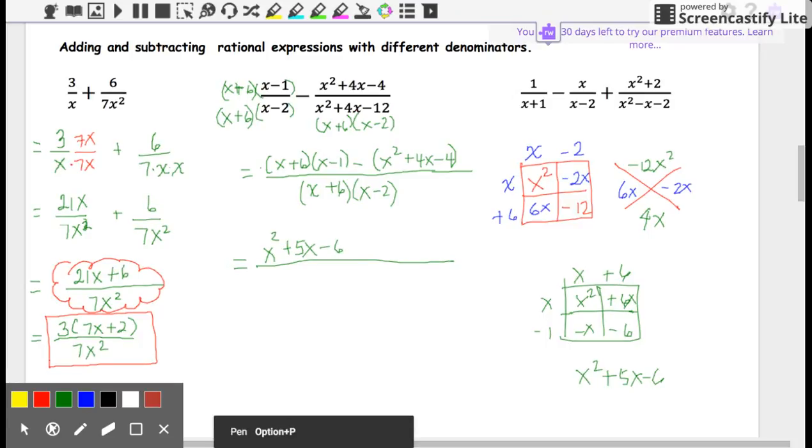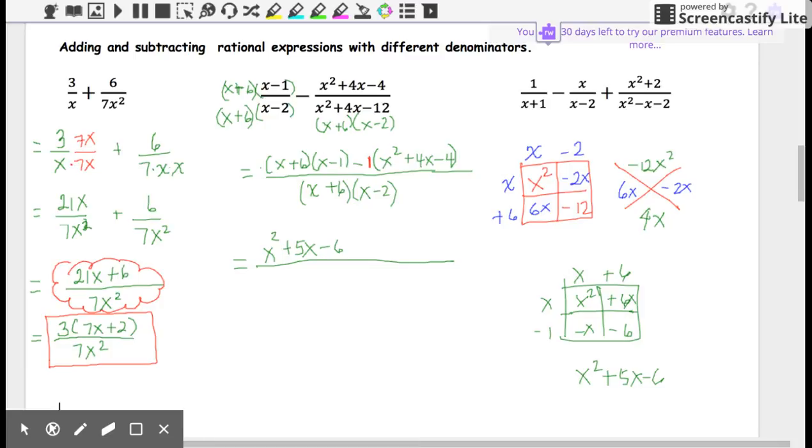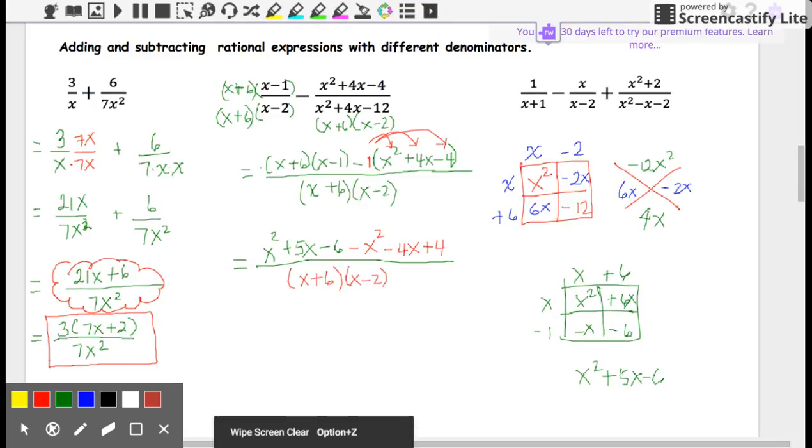We have to imagine a 1 here and distribute over these three terms. So we'll put here minus x squared minus 4x plus 4, all over x plus 6 times x minus 2.